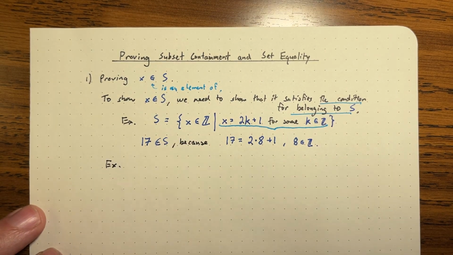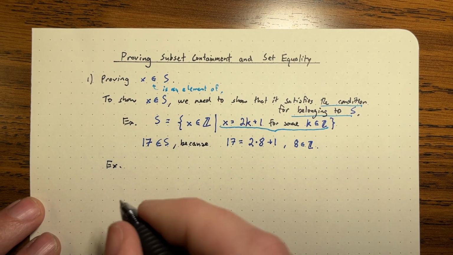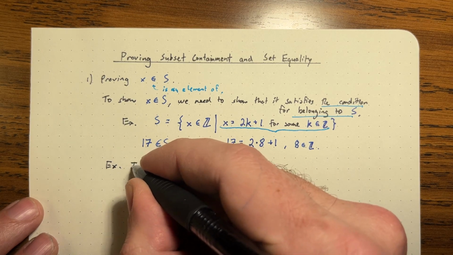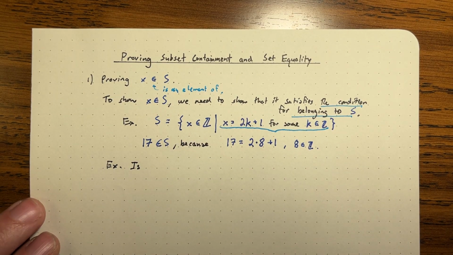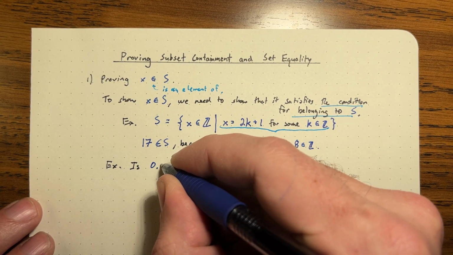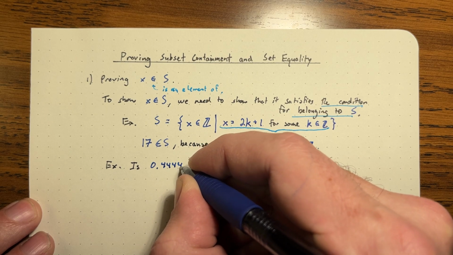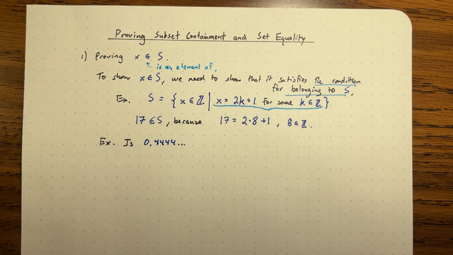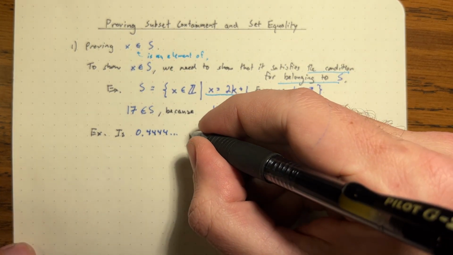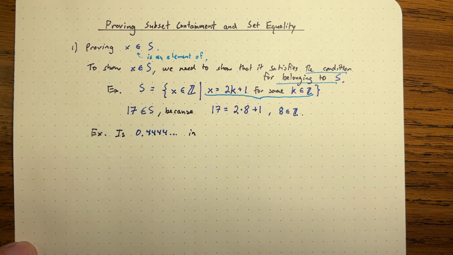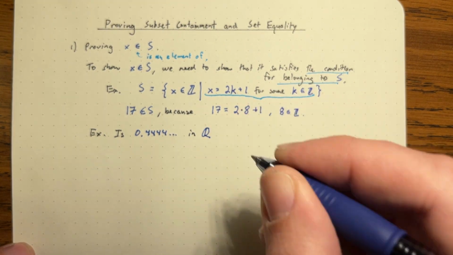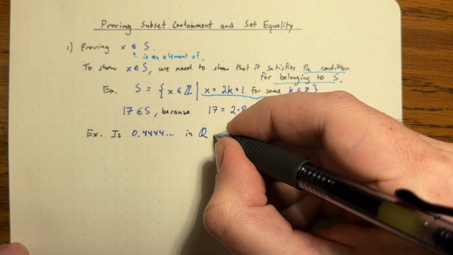So that's a bit straightforward, but it can be maybe a little bit harder. Let me try to think of a harder example. So how about this? Is 0.44444, etc., repeating, in the rational numbers? Okay.